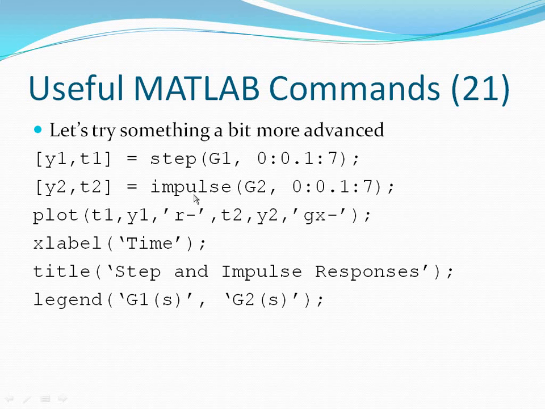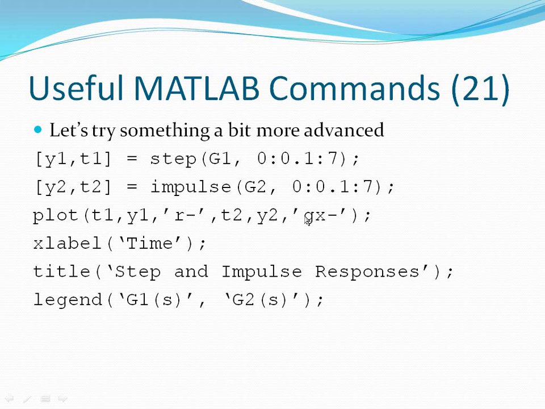And then I'm going to plot both of these on the same graph. So you have these, which correspond to your step input, right? I'm going to make it a red graph. I'm going to connect all the points, and then I'm going to do the same thing for the impulse response. I'm going to make it green, and draw a line through it and have x's at each point.